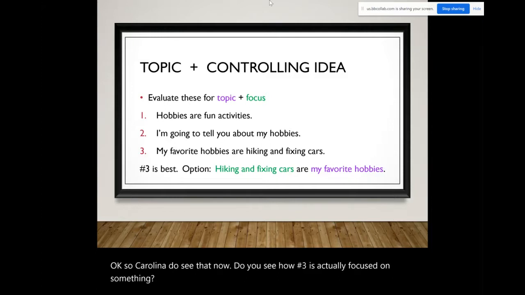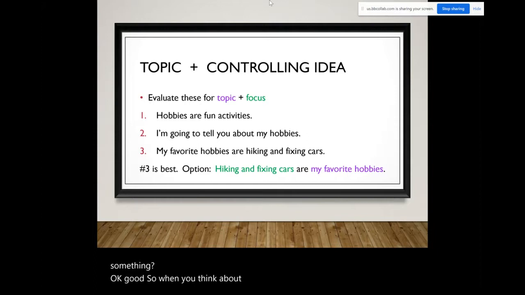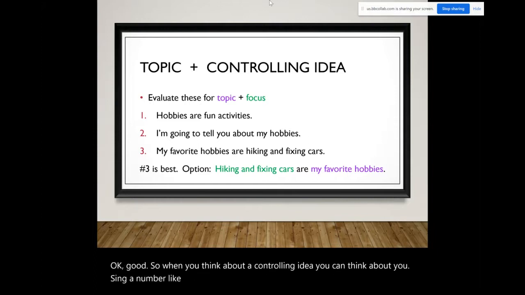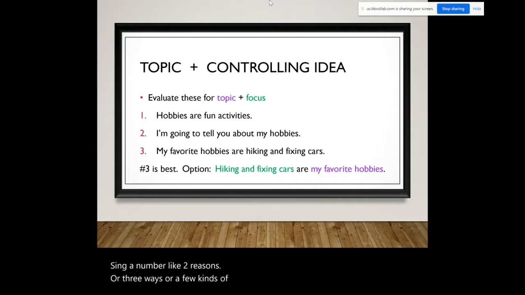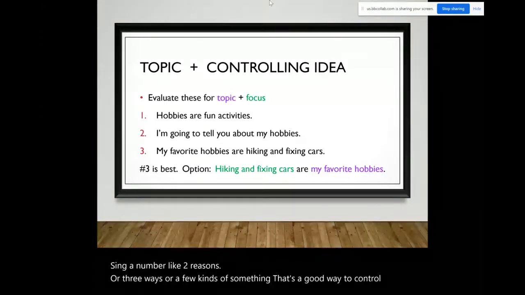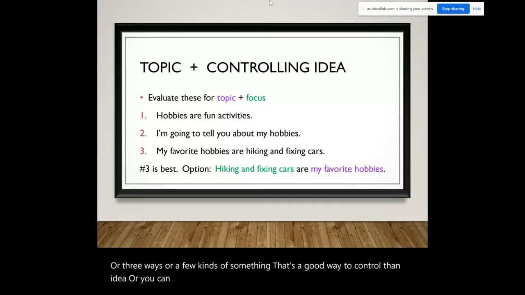Okay, good. So when you think about a controlling idea, you can think about using a number like 2 reasons or 3 ways or a few kinds of something. That's a good way to control an idea. Or you can list them. Hiking and fixing cars, those are 2 examples, right? So you can list the 2 things as part of a controlling idea.